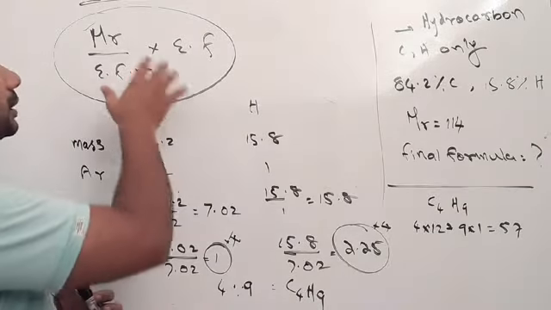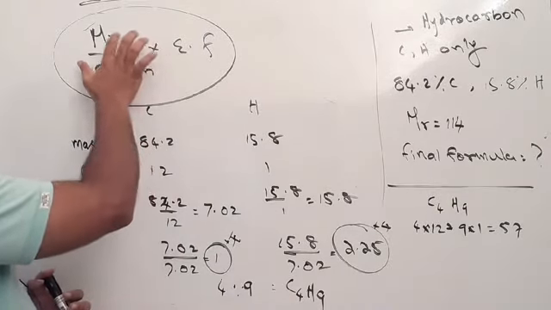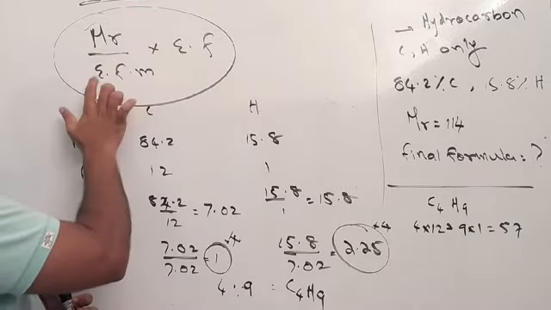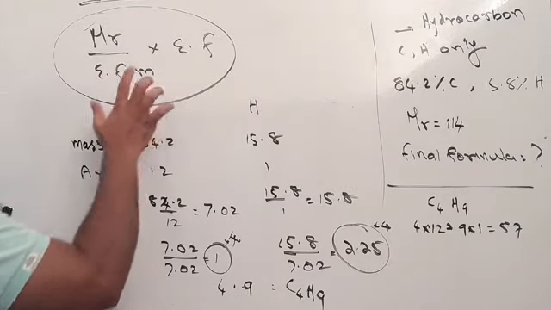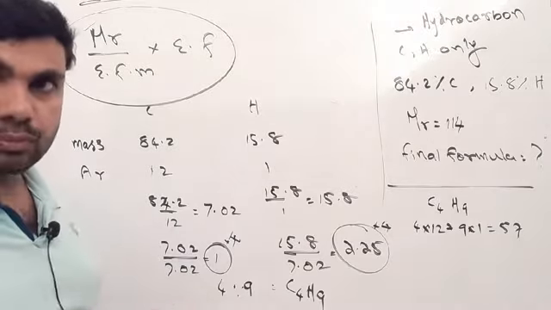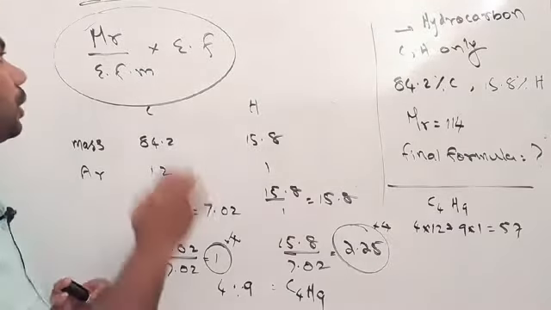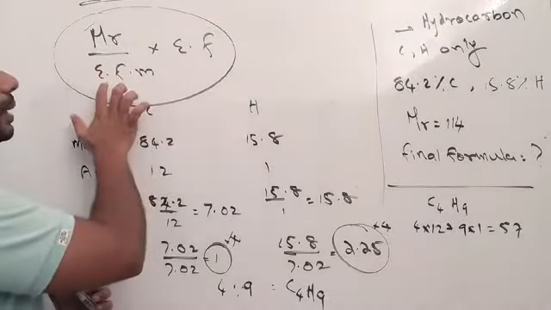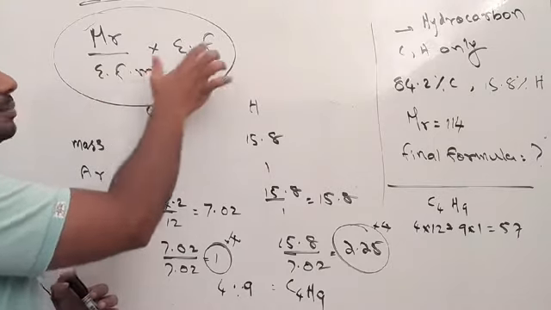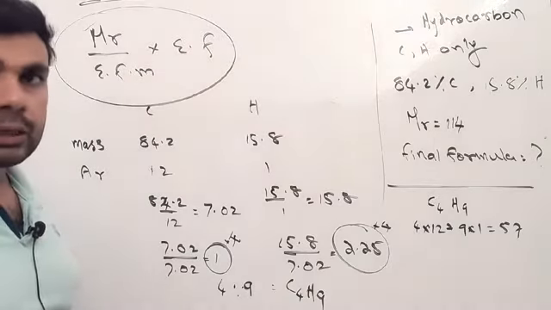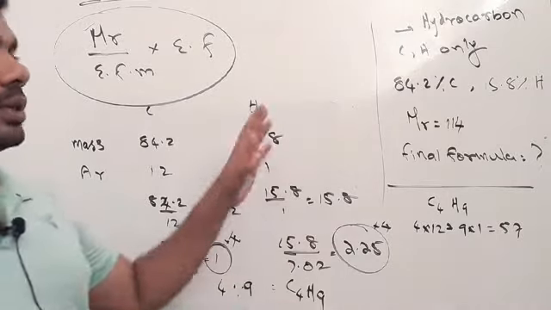So remember: relative molecular mass divided by empirical formula mass. We will discuss what empirical formula mass is, but remember now: molecular mass divided by empirical formula mass times empirical formula.